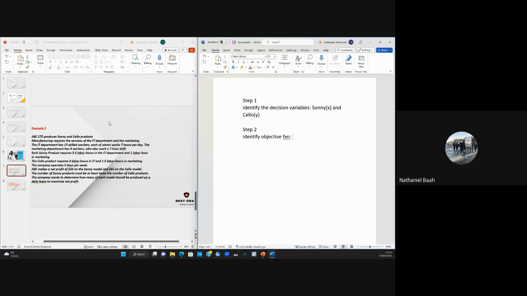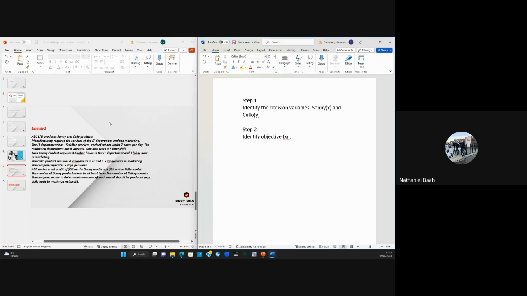We said the objective function is the focus function, the function that the question seeks to optimize. So really, we are looking out for the quantity of each product that the company will produce in order to either maximize profit or minimize cost, respectively. Great.